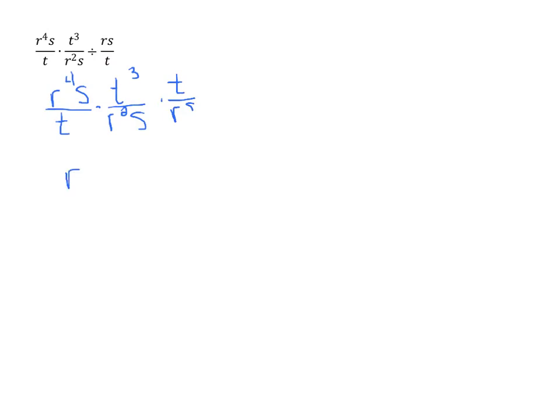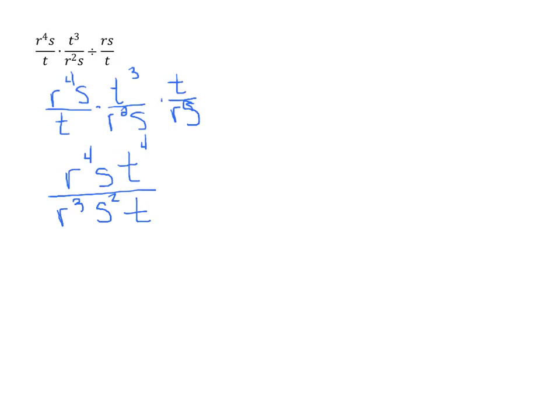So I have r to the 4th, s, t to the 4th. In the denominator, I see I have r squared and just r, because this is an s, even though it doesn't look like it. So r squared and r gives me r cubed. There are 2 s's, so that's s squared and 1t.